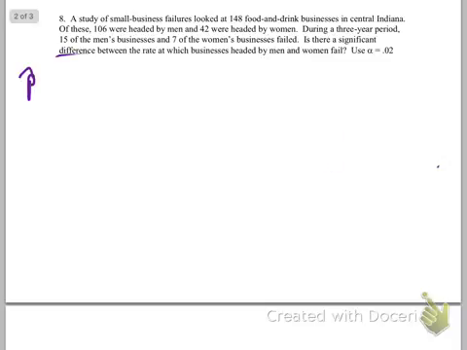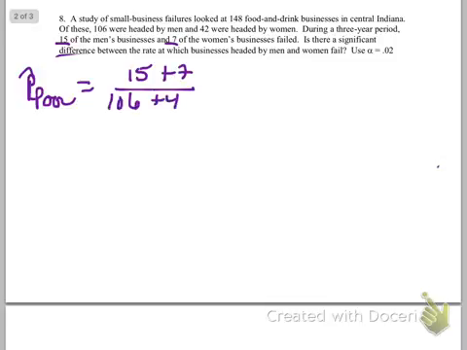So P hat pool is equal to 15 plus 7 all over 106 plus 42, which gives me 22 over 148. Did I do that right?